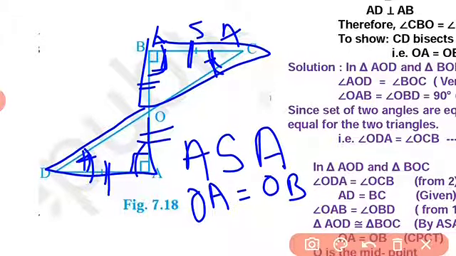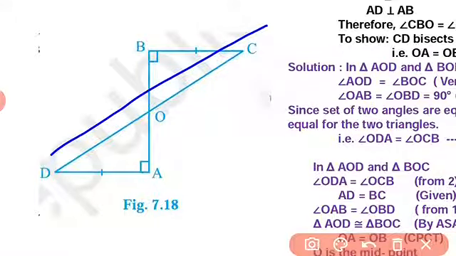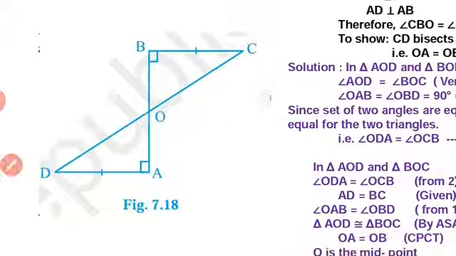So here we see that O is the midpoint as AB is divided into two equal parts. So O is the midpoint. If O is the midpoint, we see that DC is intersecting AB at point O, and O is the midpoint. That means DC is bisecting AB. So this is how we can show this.